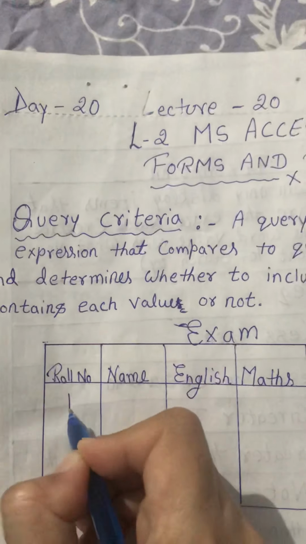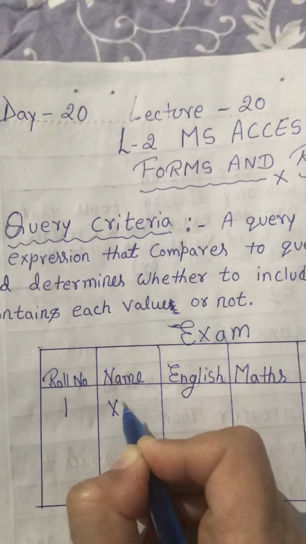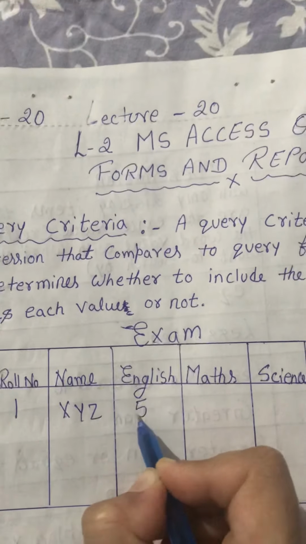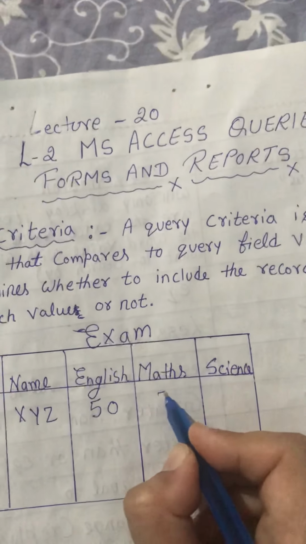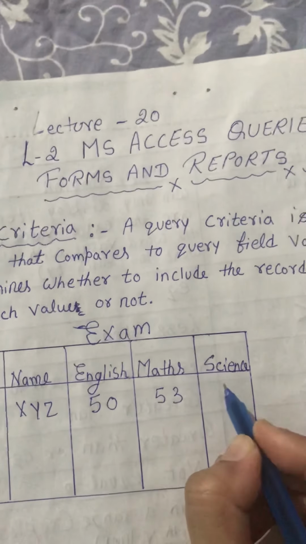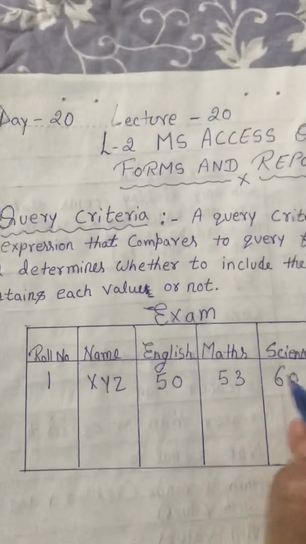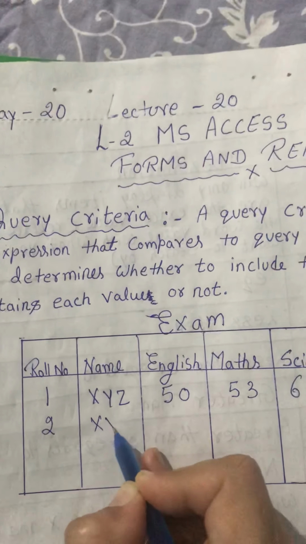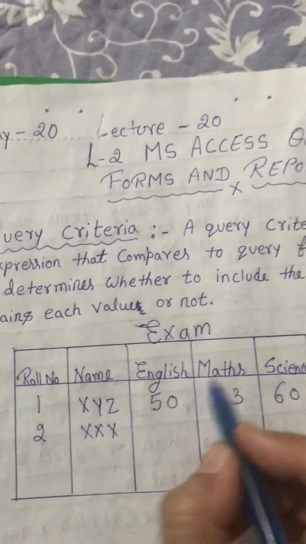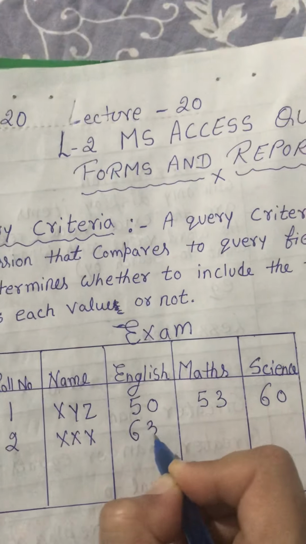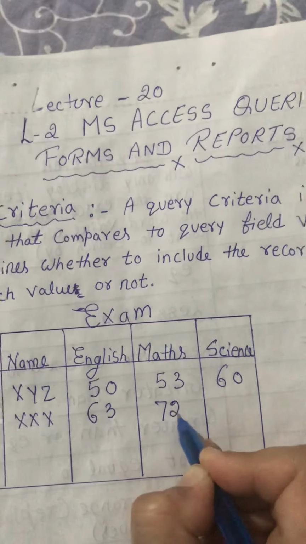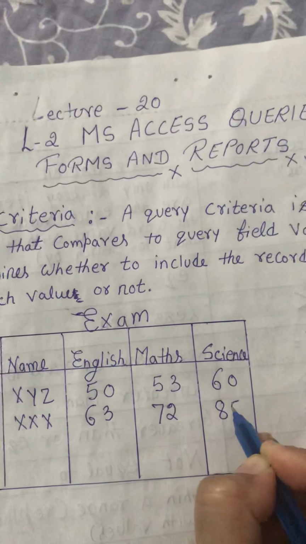Roll number 1, name XYZ, got 50 marks in English, 53 marks in maths and 60 marks in science. Roll number 2, suppose name XXX, got 63 marks in English, 72 marks in maths and 85 marks in science.